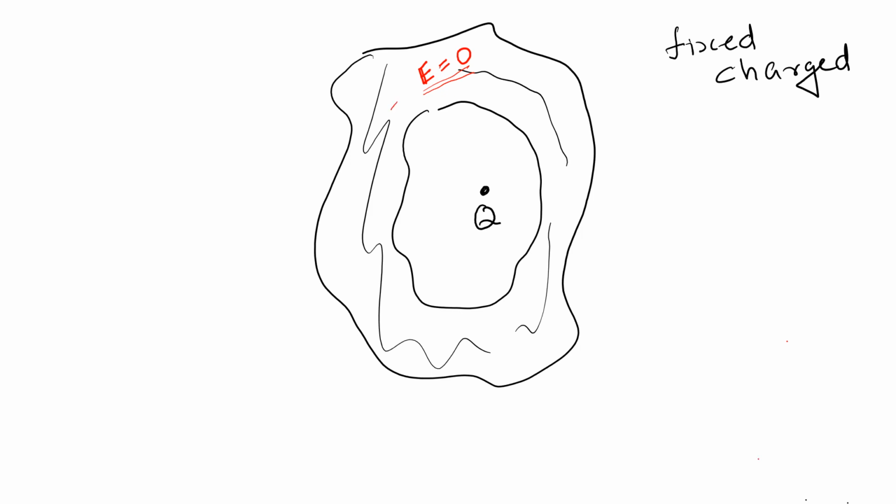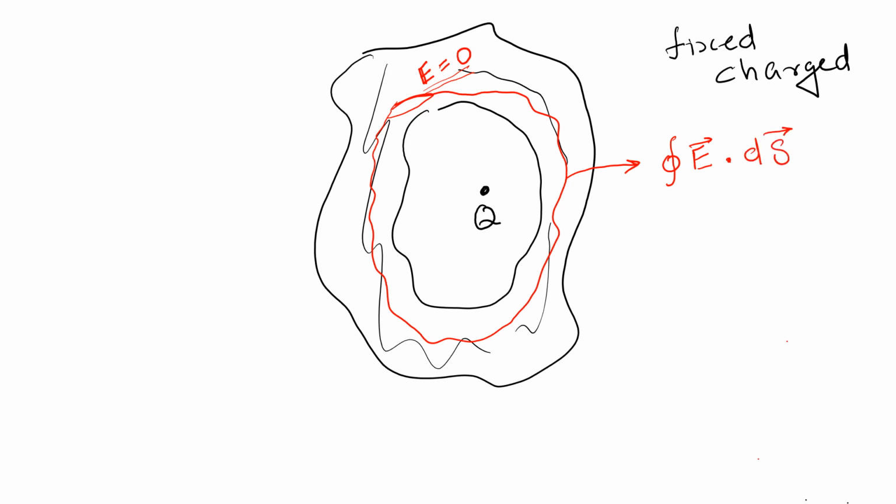So if I make a closed Gaussian surface and calculate the flux on this Gaussian surface, what I would get is simply an integral of 0 dS, and thus the total flux has to be zero, which tells you the net charge which is enclosed has to be zero.